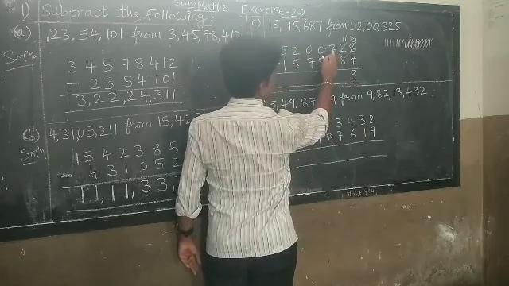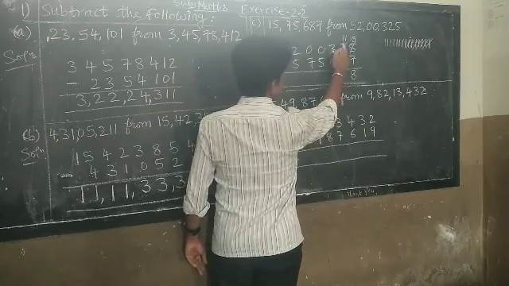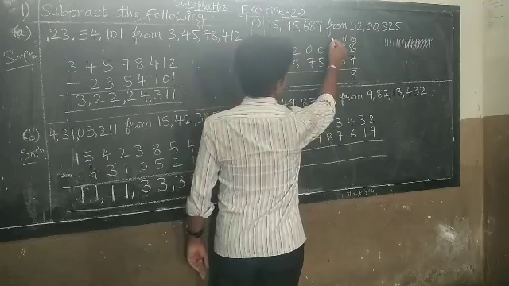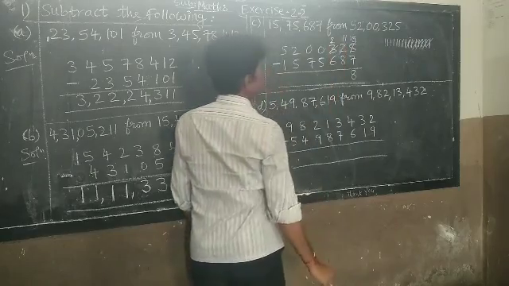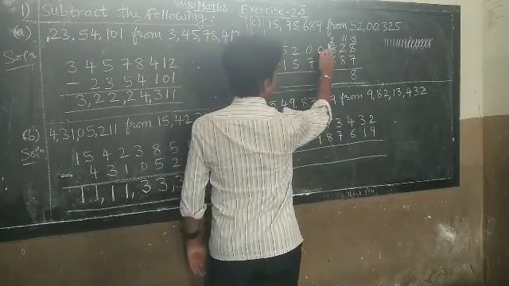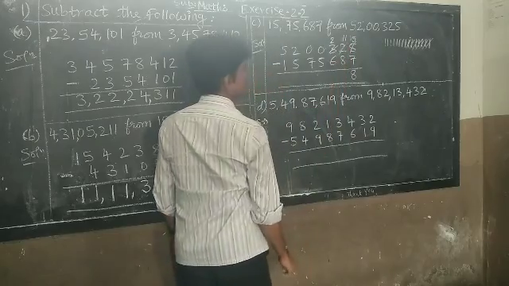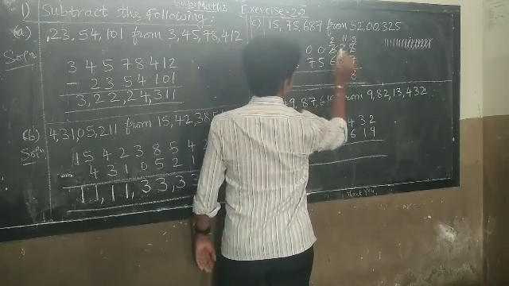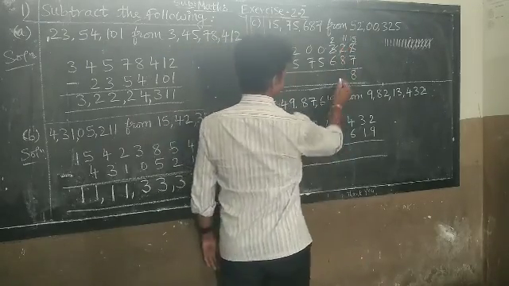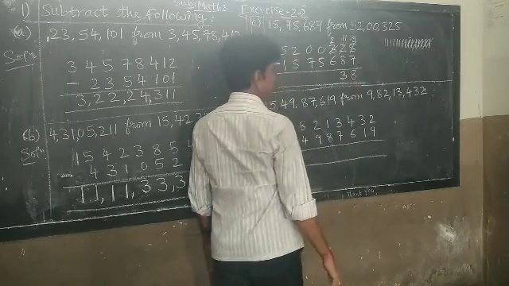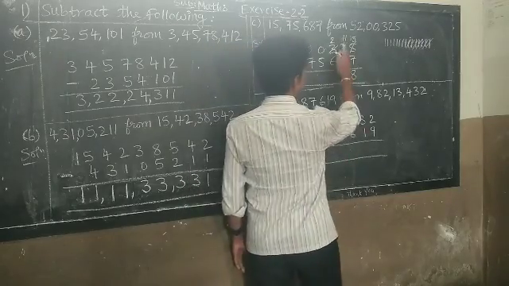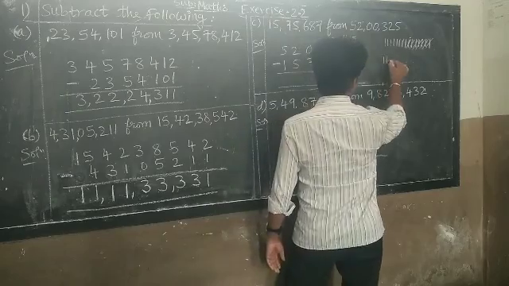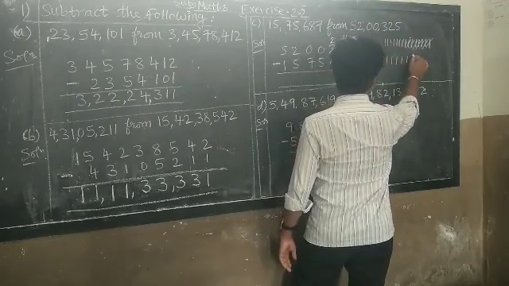Go to the hundreds place. 3 is there. When you borrow 1, it becomes 11 and the 3 becomes 2, because 1 you have taken. Now 11 minus 8 is 3. If you are not perfect, put 11 lines and remove 8 lines: 1, 2, 3, 4, 5, 6, 7, 8.